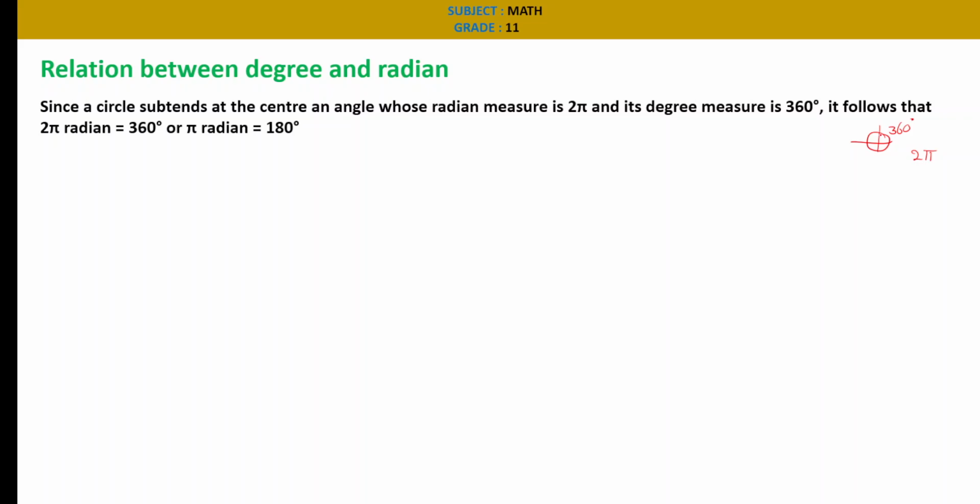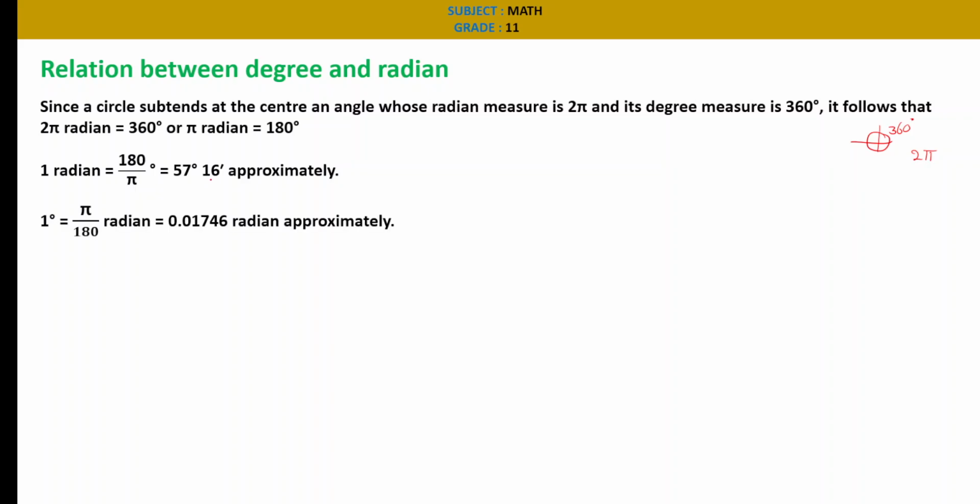So 2 pi radians is equal to 360 degrees, or pi radians is equal to 180 degrees. Therefore 1 radian is equal to 180 divided by pi degrees, or 57 degrees 16 minutes approximately. And 1 degree is equal to pi by 180 radian, that is 0.01746 radian approximately.